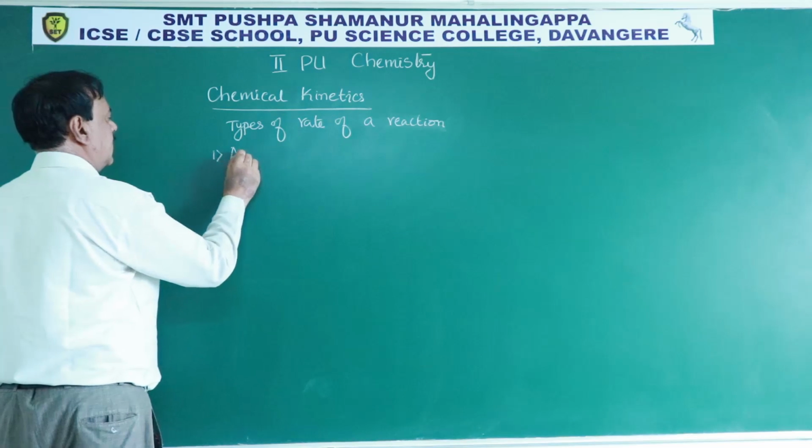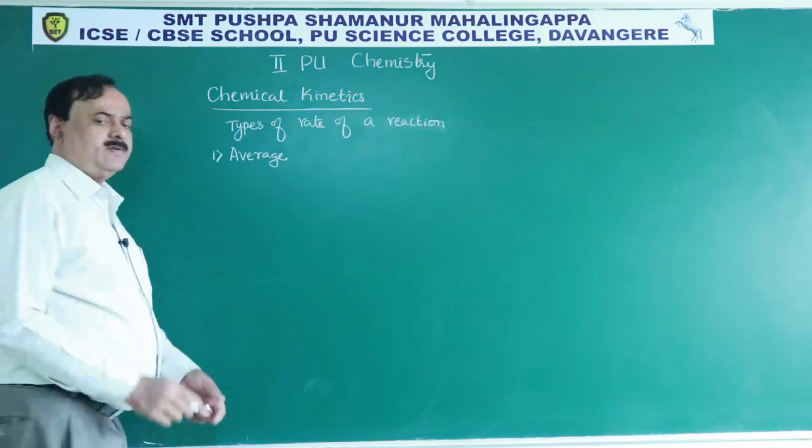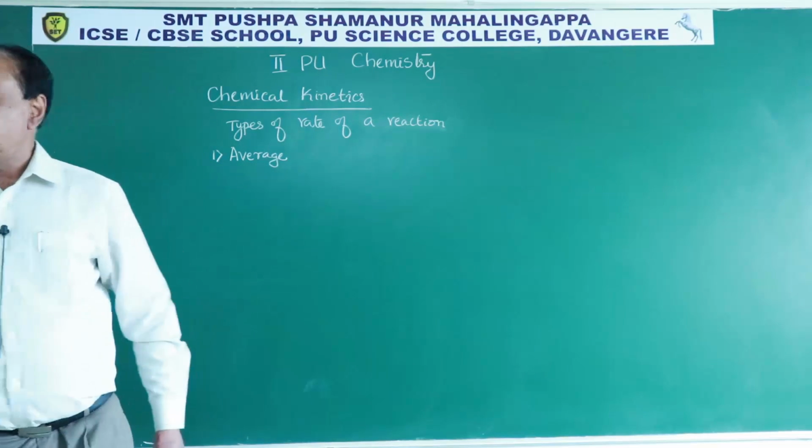The first one is the average velocity or average rate of a reaction.